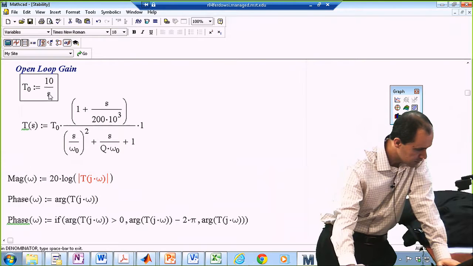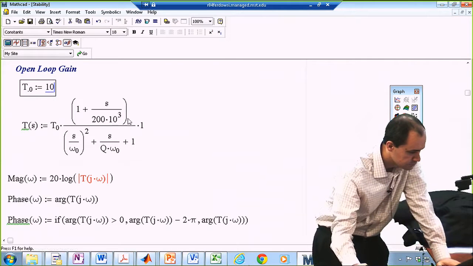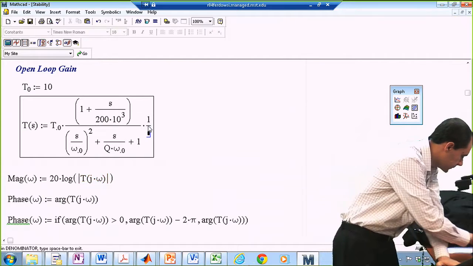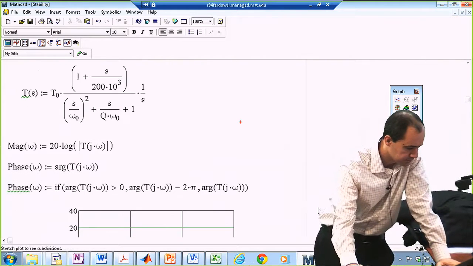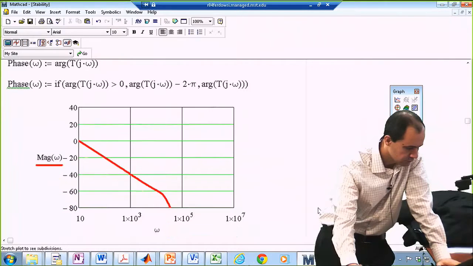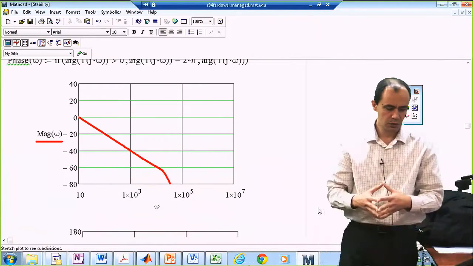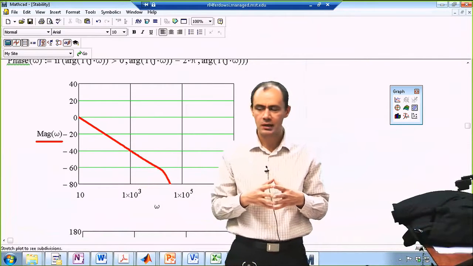How about if I add it over here? 10 is there. I just add this 1 over s over here. Okay. So look at the Bode plot now. What is the crossover frequency now?